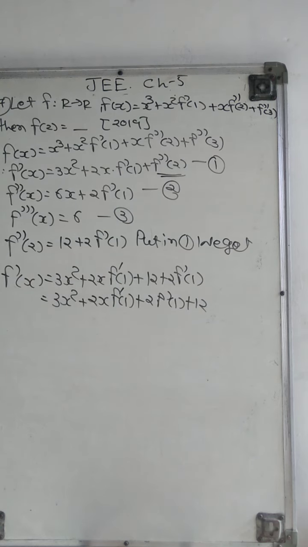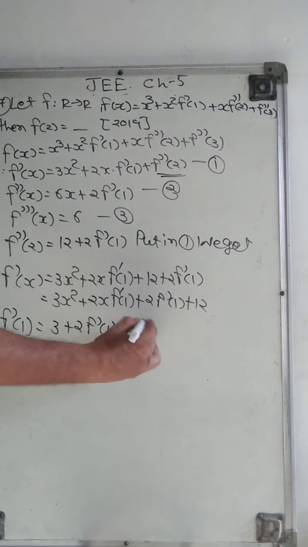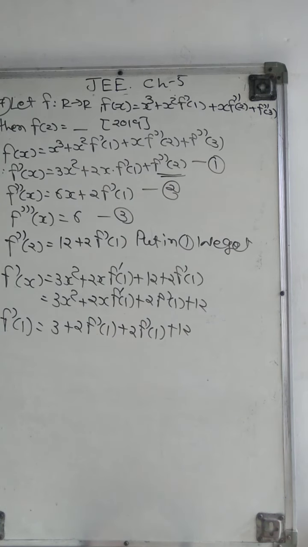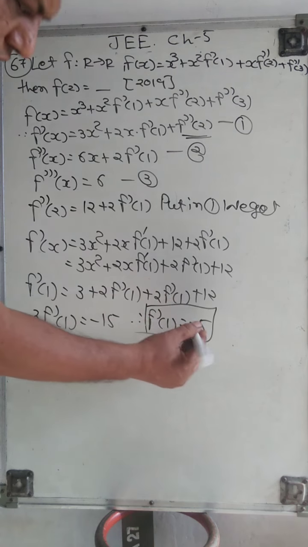So now f dash x is obtained. Now from this f dash x we find f dash 1. It is 3 plus 2 f dash 1 plus 2 f dash 1 plus 12. And from this we find f dash 1: 3 f dash 1 equal to minus 15. So f dash 1 is minus 5.